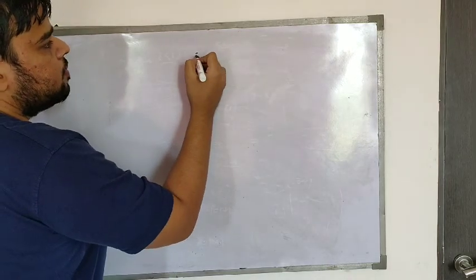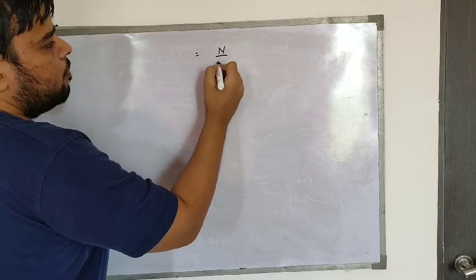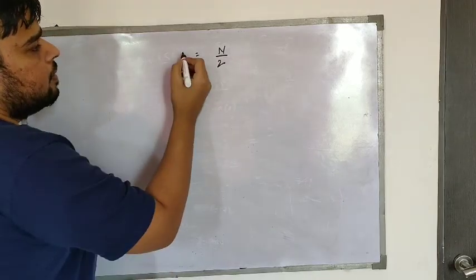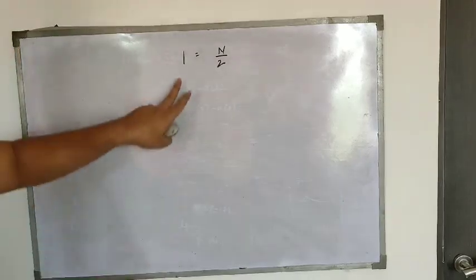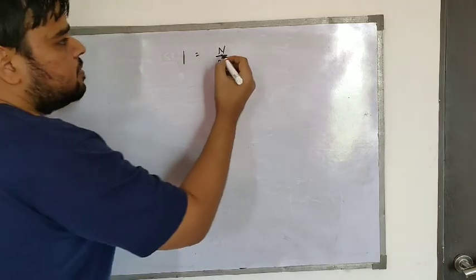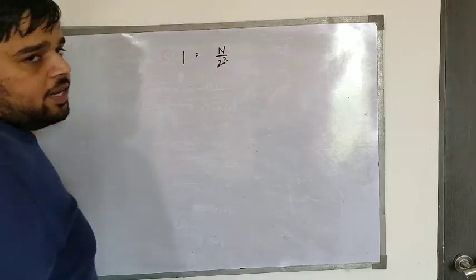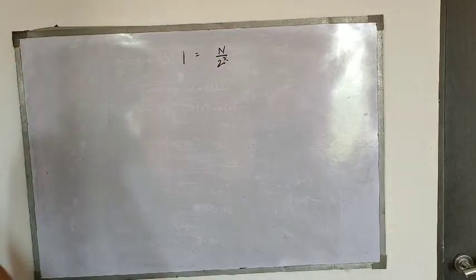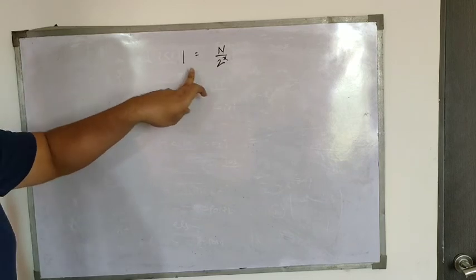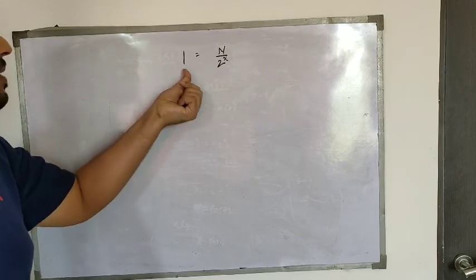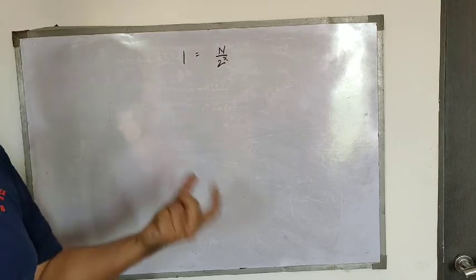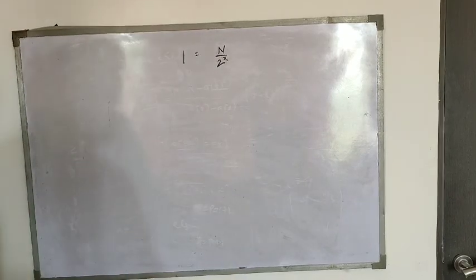In binary search, we divide our input by 2 every time to get the input size as 1. Now how many times do I divide? Let's say it's 2 to the power x. Every time I'm dividing my input to get the array size as 1. When array size is 1, it means you have found your element.